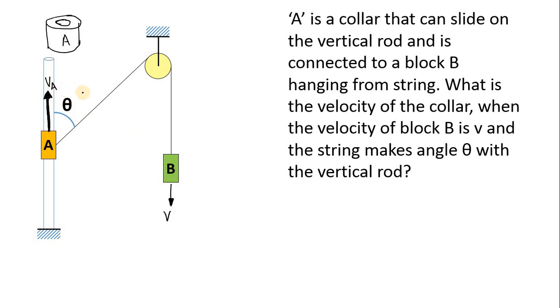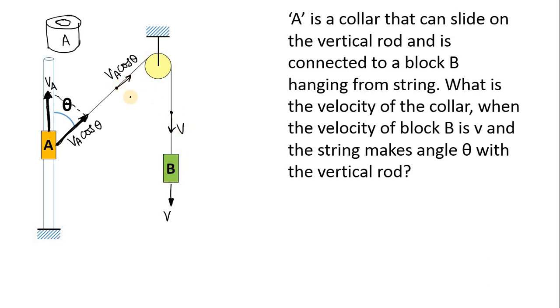As I told you in the shortcut technique, we have to find the component of this velocity along the string, in the direction of the thread. What is this component here? It will be VA cos theta. Then any point on the string should have the same velocity VA cos theta, and on this side any point on the string should have a velocity equal to V, that of the block.